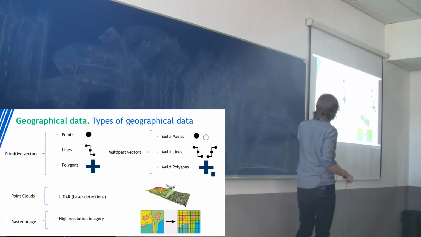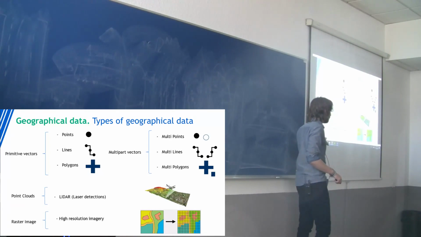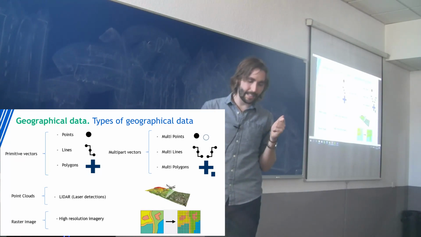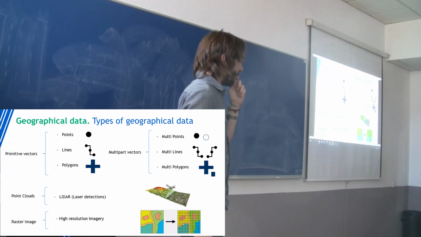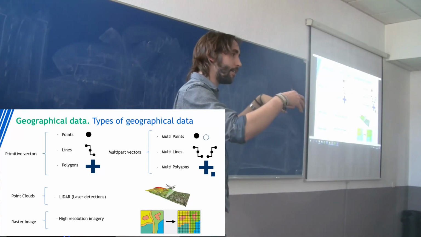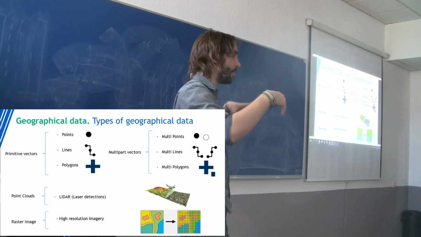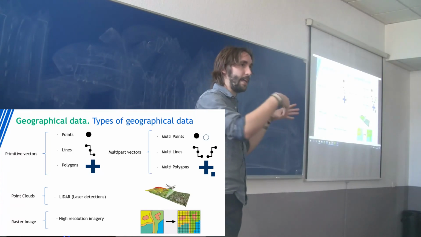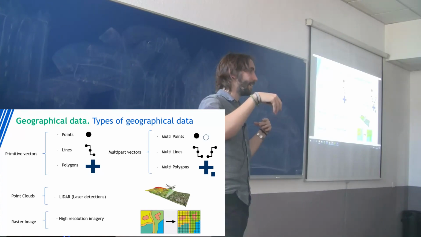And there's another one that I haven't put here, which is when we have, I forgot the name, when we have like a grid, like roads, we have nodes and graphs.